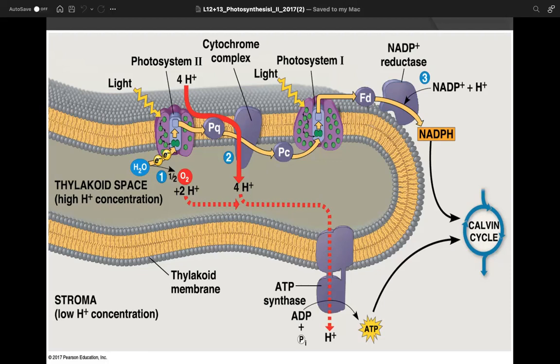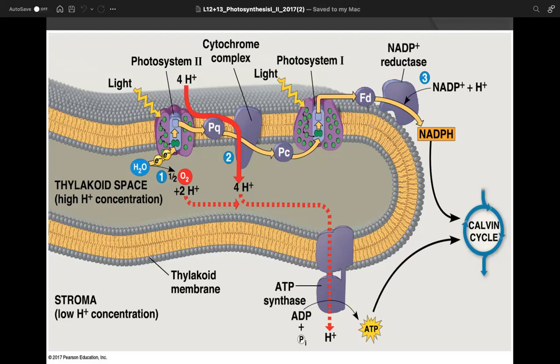So we have the photon coming in to the chlorophyll. If you remember, a photon is a particle of light, and it's very high in energy. This high energy photon is going to excite an electron, which is then passed around the P680 chlorophyll.